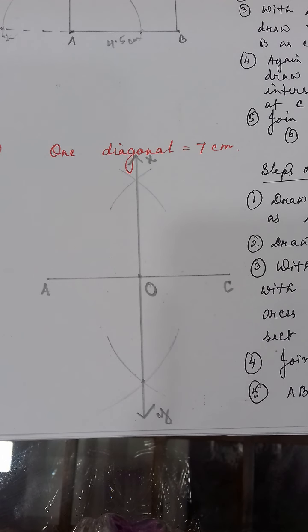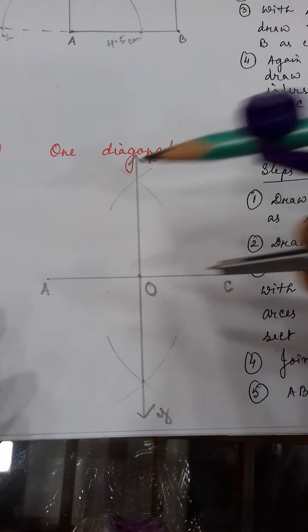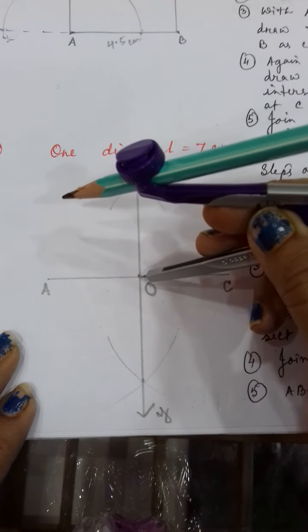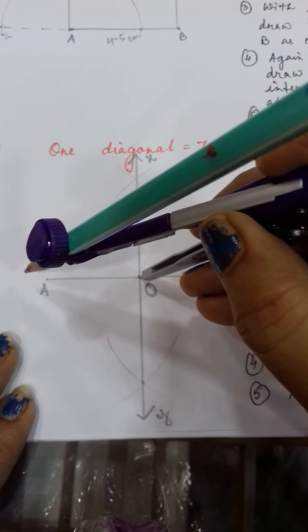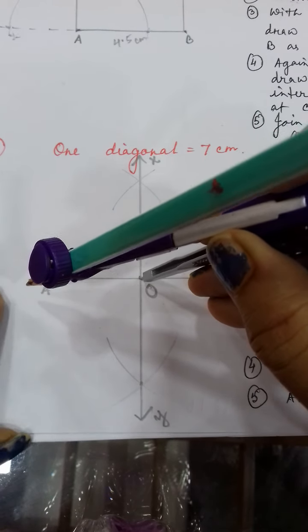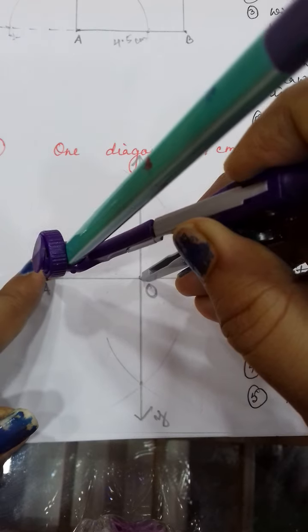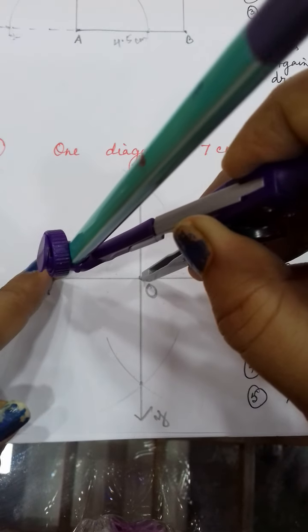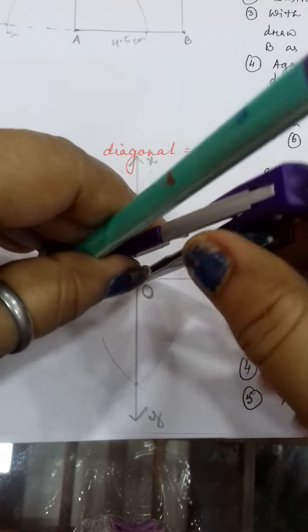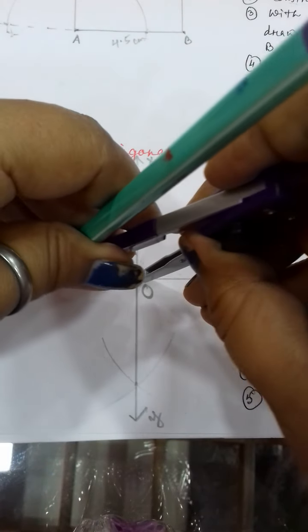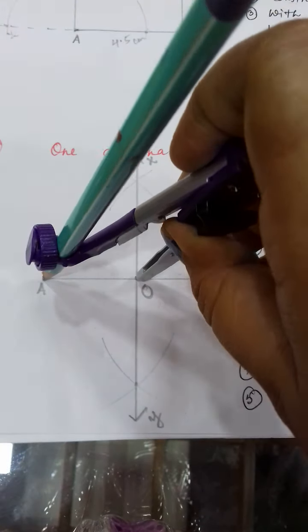Now you have to construct arcs. Clear or not? What you will do? You place your compass over here at the midpoint. Clear? Take this half radius OA.